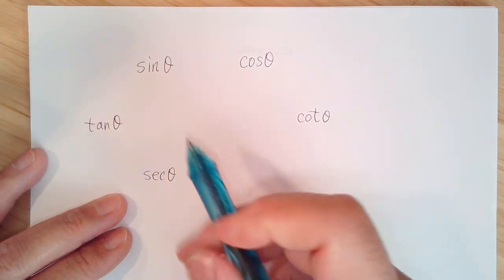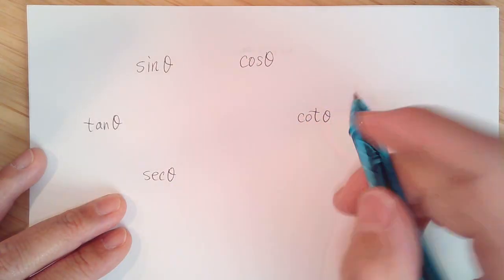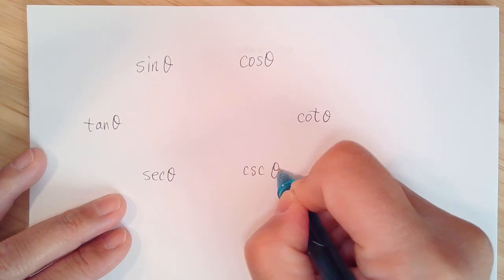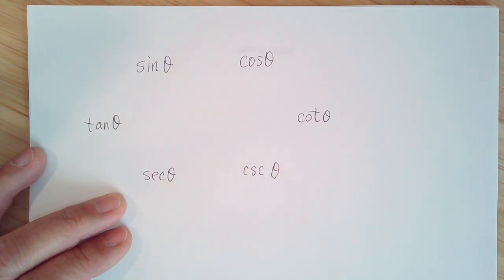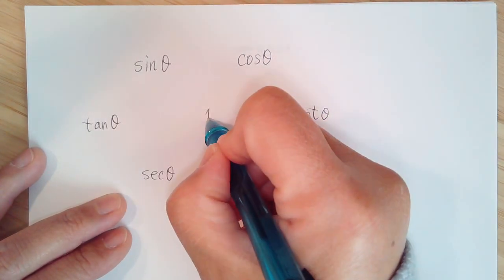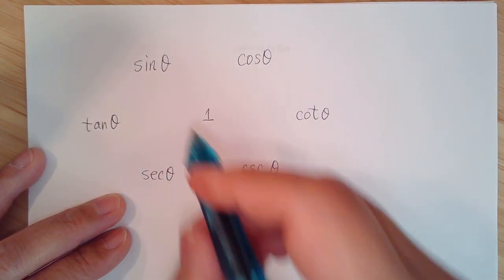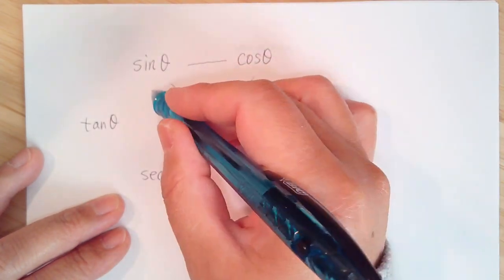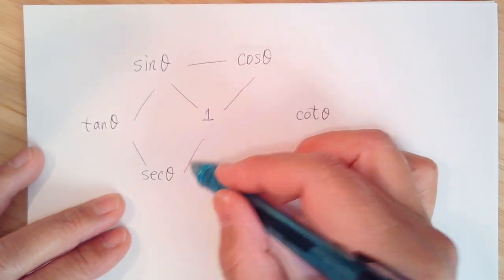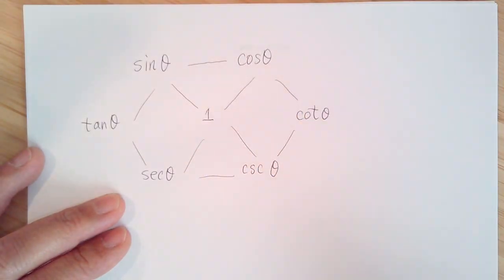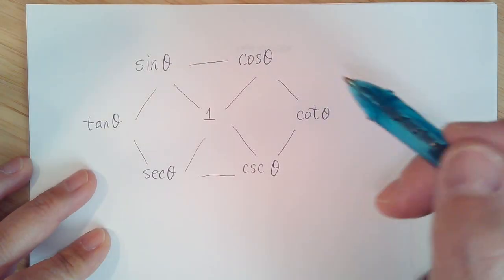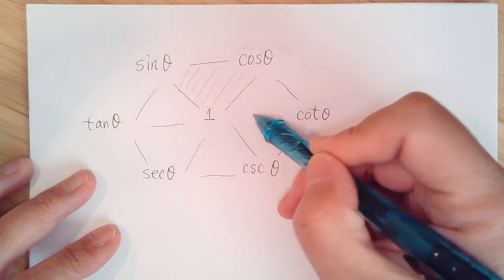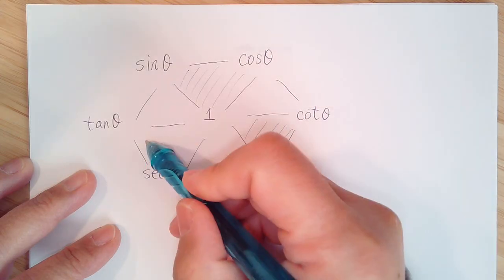On the left side, I have sine, tangent, secant. And the right side, I have cosine, cotangent and cosecant. So I put all the co-functions on the right, and I put the number 1 in the middle. All right? So I'm going to connect all of them into this little circle. It's a magic little circle. All right? And then I ask you to shade these 3 triangles.